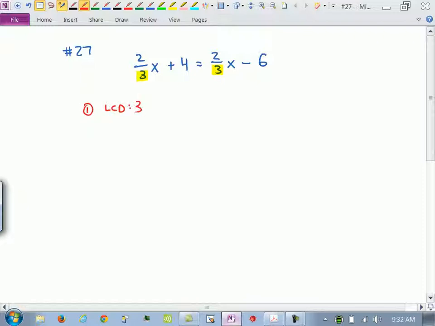And so what I will do is I will take the entire left side of the equation, multiply it by 3, the entire right side of the equation, multiply it by 3. So my left side is 2/3 x plus 4, and then 2/3 x minus 6. Don't be hesitant to write that step in.